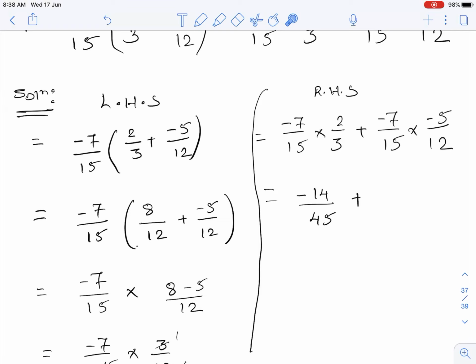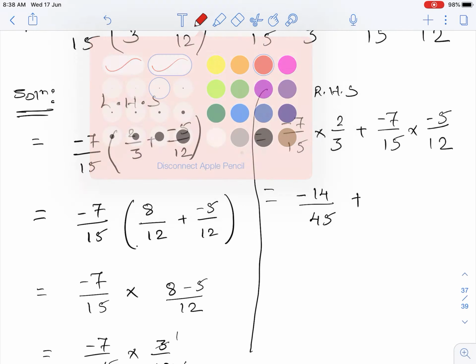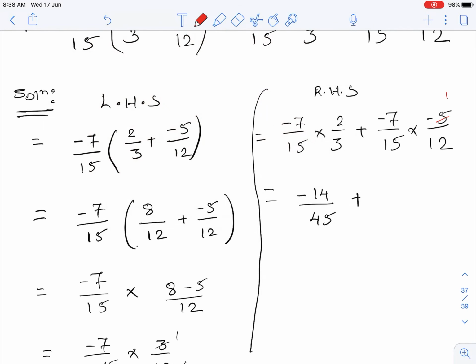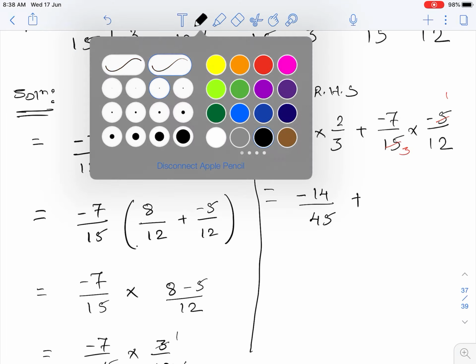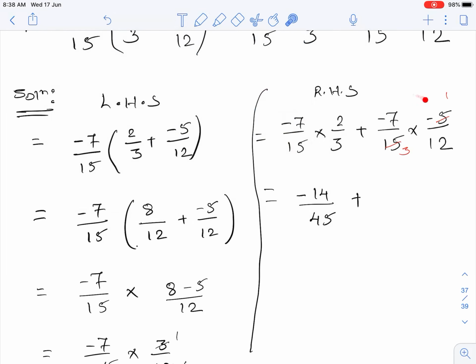Now this minus into minus will become plus, but before that we can see that we can cancel this term, that is 5 ones are 5, 5 threes are 15. So our answer will become, minus into minus it will become plus, and 7 ones are 7, so you will get 7 upon, now here we get 12 threes are 36.